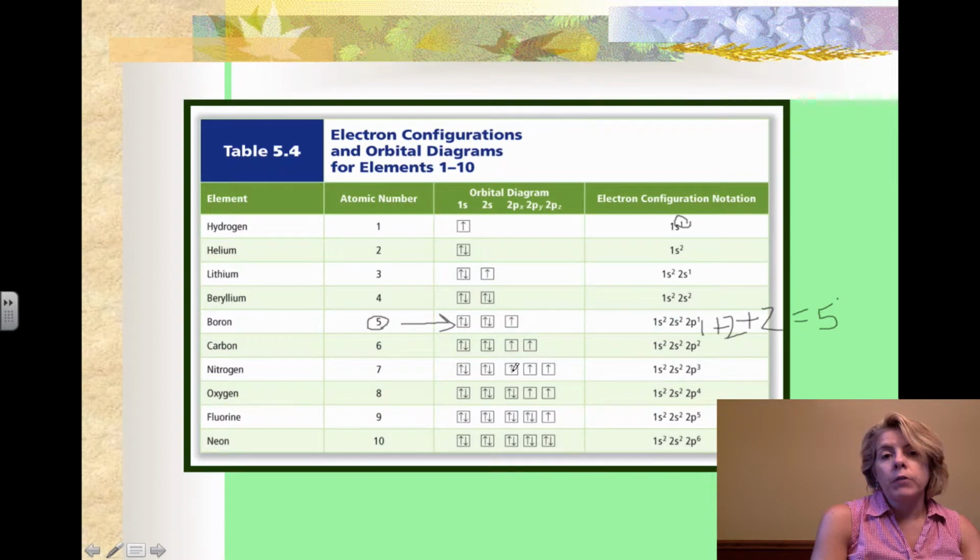Notice that for nitrogen, we have 1s2, 2s2, and then we have 3 p orbitals, and we have 3 electrons, so each electron occupies one part of the suborbital, and we don't get doubling up until we reach oxygen. So notice that when you have a 4, that's when you get the pairing up of the first orientation of the p orbital.